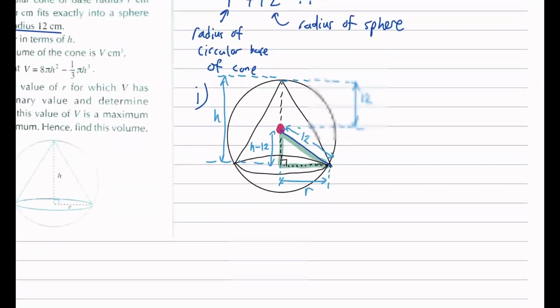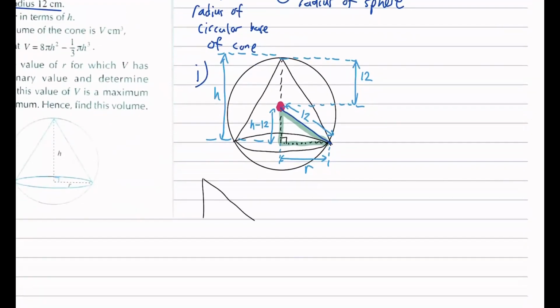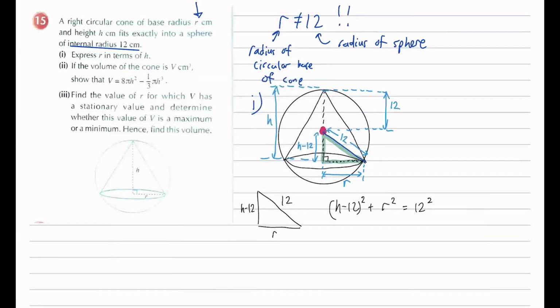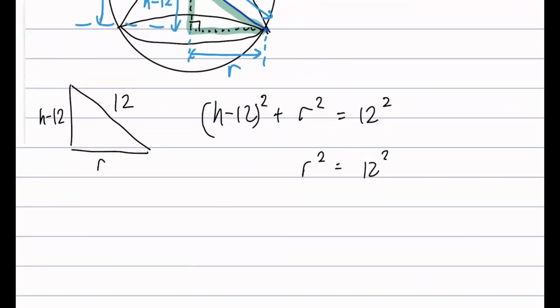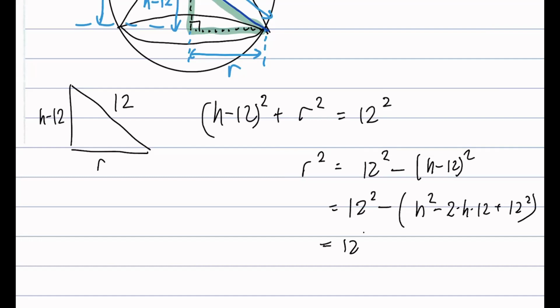So now that you have identified the right-angled triangle, Pythagoras' theorem, let's go. (h minus 12) squared plus r squared equals 12 squared. What did they ask for? Express r in terms of h. So I need to make r the subject. r squared equals 12 squared minus (h minus 12) squared. Expand: I'll leave the 12 squared alone. Minus away (h squared minus 2 times h times 12 plus 12 squared). Bring the minus in: 12 squared minus h squared plus 2 times h times 12 minus 12 squared.